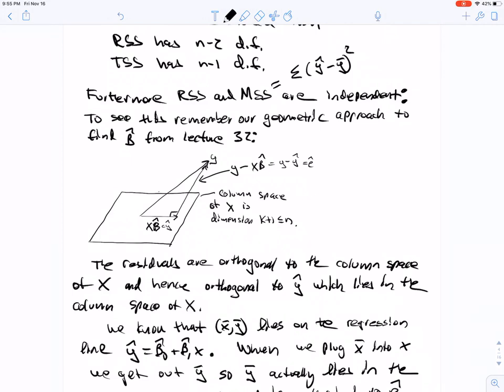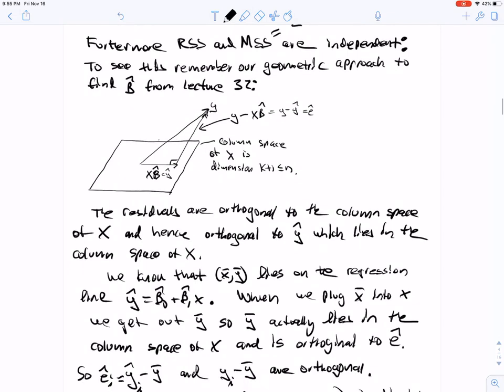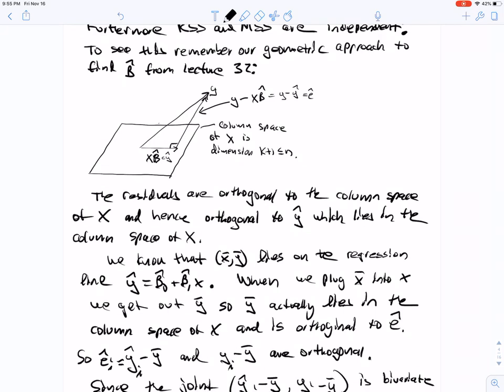So for that to happen, the residuals are orthogonal to the column space of x, and hence orthogonal to y hat, which lies in the column space of x. So we know that x bar, y bar lies on the regression line. That's something you showed in homework 9. So that means that when we plug x bar into x in this formula, we get out y bar.